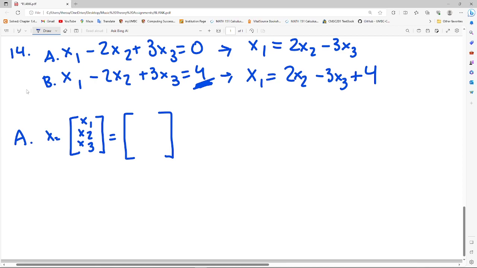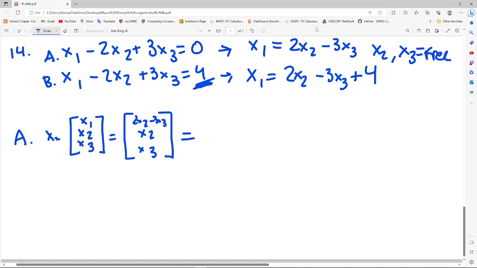So x1 is equal to 2x2 minus 3x3. We only have in terms of x1, so that means x2 and x3 are free. So we know to put x2 and x3. Whenever we have a free variable, it's just going to be copied over.